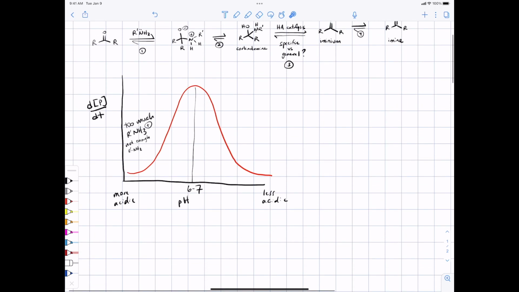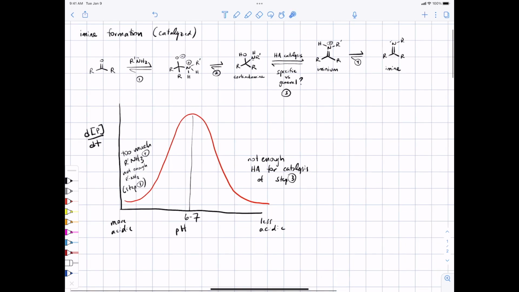At higher pH, you have not enough acid for catalysis of step 3. And that would mean that at high pH, step 3 becomes rate determining.